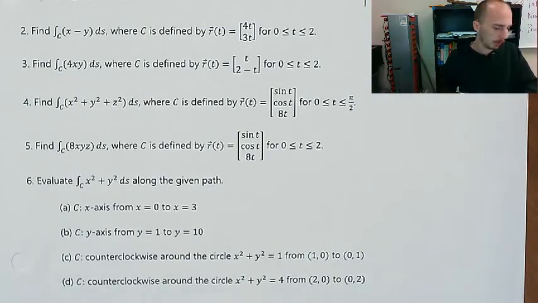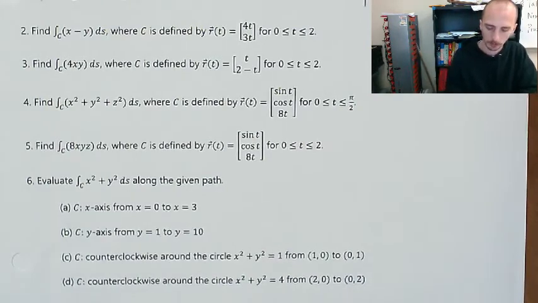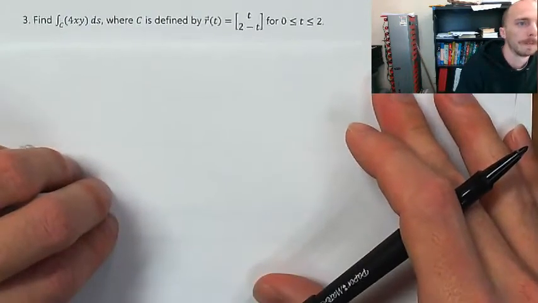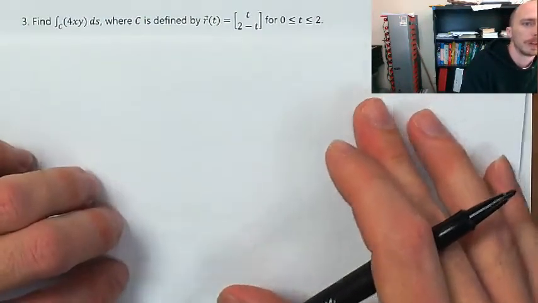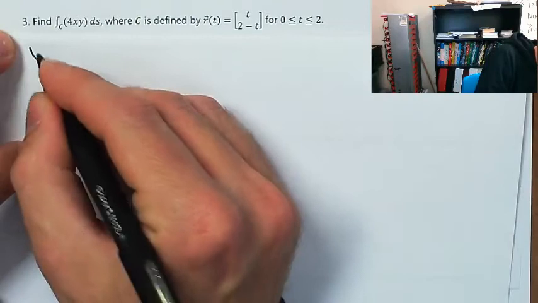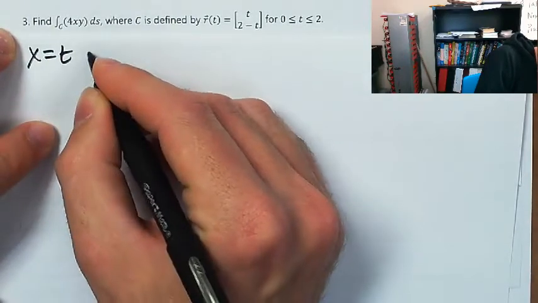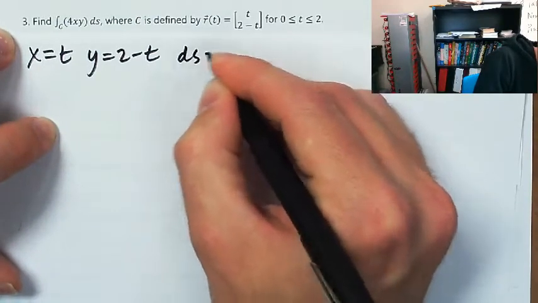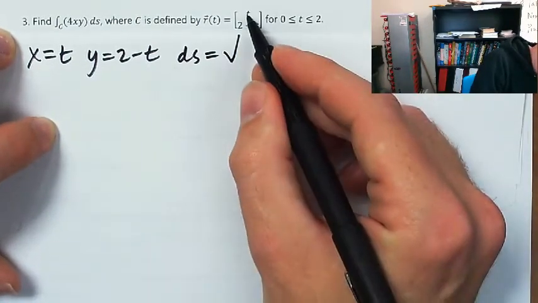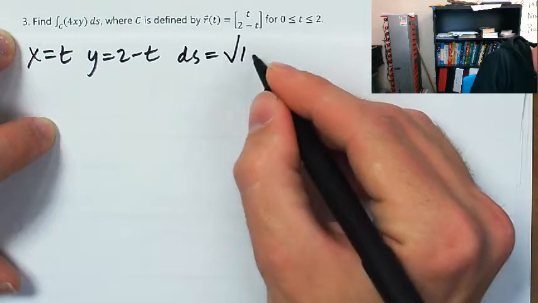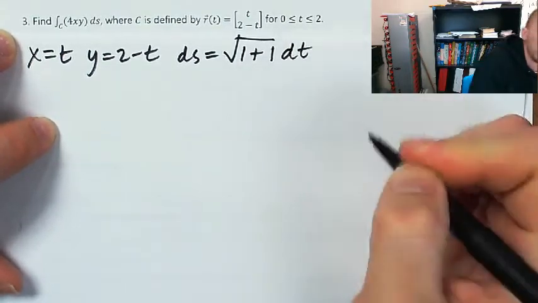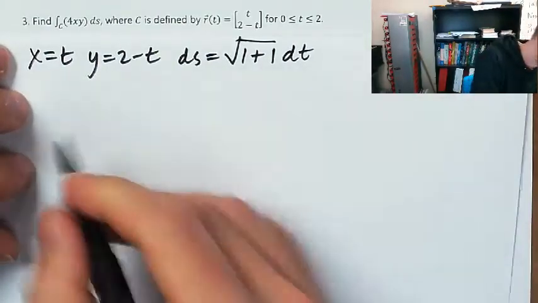Let's see the next one. We're going to move on. So x is t, y is 2 minus t, ds is going to be the square root of positive 1 squared plus negative 1 squared dt, so it'll be square root of 2.